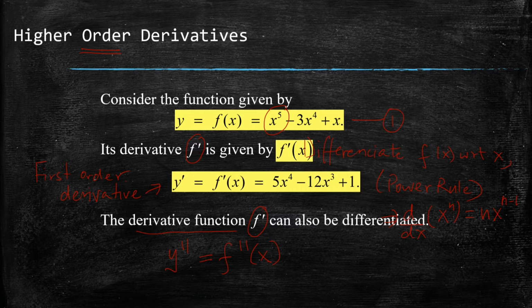So y double prime will be equal to f double prime, and this you are going to get when you differentiate d by dx your first derivative. So 5x to the power 4 minus 12x to the power 3 plus 1. So let's see in the next slide what the second order derivative comes out to.